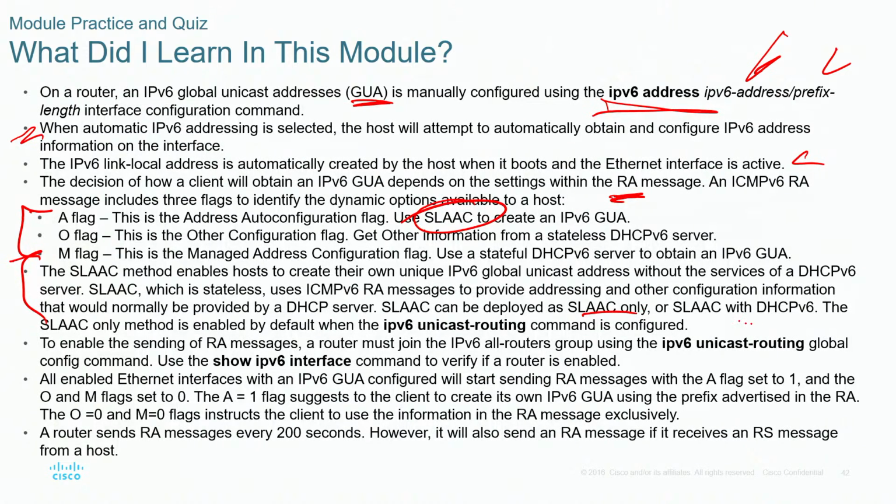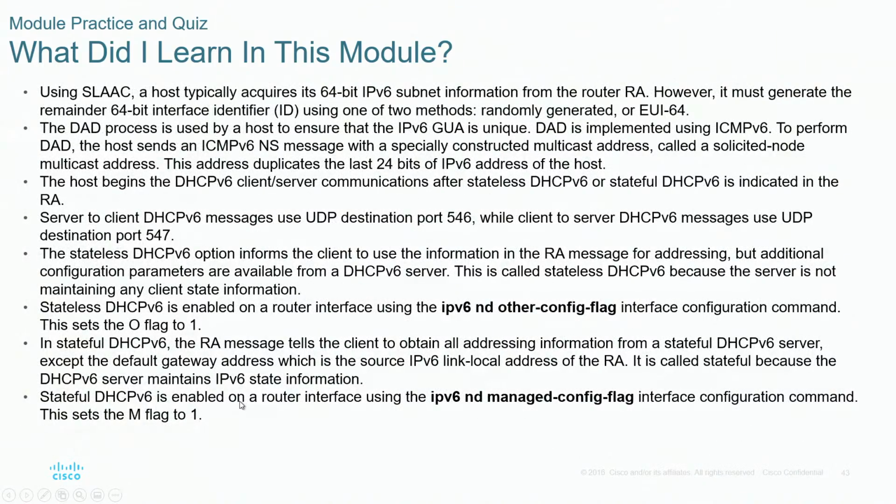You can do SLAAC only, you can do SLAAC with DHCP, although why? IPv6 unicast routing will turn on IPv6, show IPv6 will verify that it is actually doing something. You can see the flags that way. Those router advertisements happen every 200 seconds. Totally seems like the kind of thing you'd ask questions about on a test.